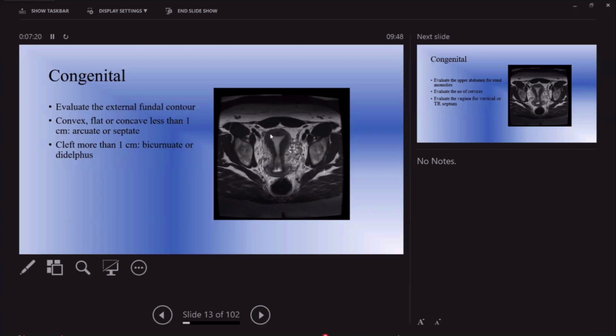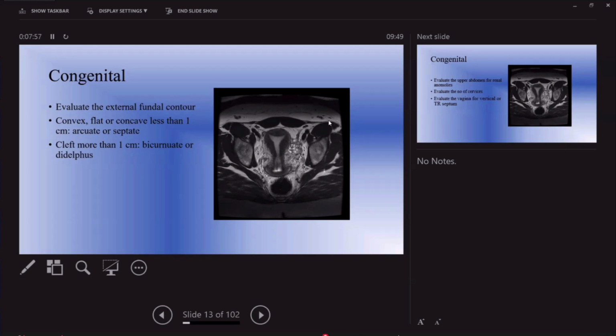If you have a slight indentation and it measures more than 1.5 centimeters, then you are dealing with a septate uterus. So your measurement from the top of the convexity down to the depth of the indentation will conclude whether it's a normal or arcuate uterus or a septate one. The measurement that I usually use is 1.5 centimeters: if it is 1.5 centimeters or more, then I am dealing with a septate uterus.